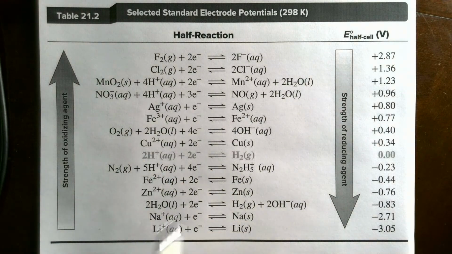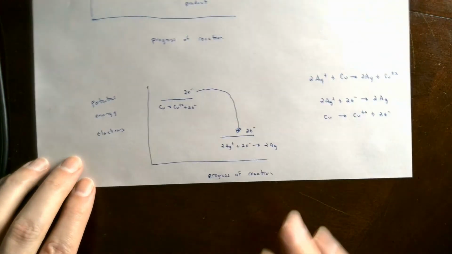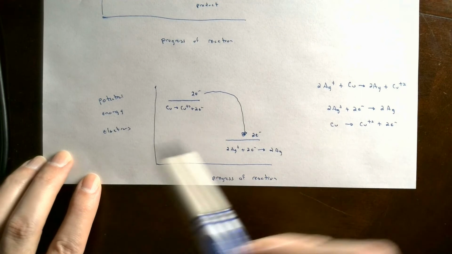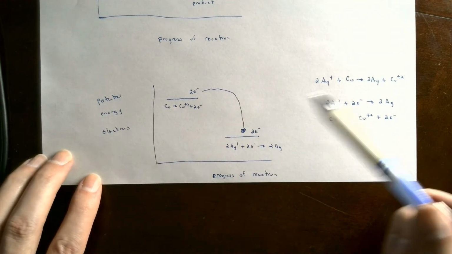And you'll notice these are all half reactions, and on the right here we've got their potential energies. But I'm going to tell you that this chart is a little bit backward. And what I mean is that I'm going to come back to our little chart here, where we have potential energy of electrons.